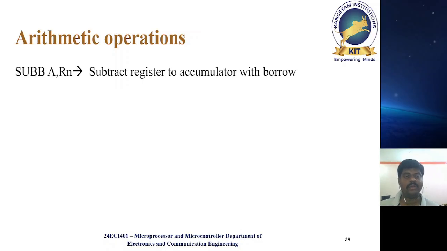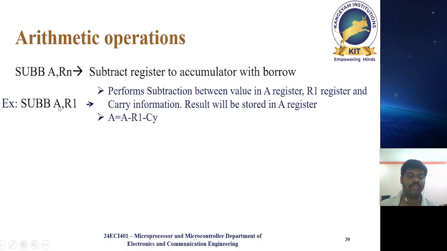So what is happening here? It will subtract the register value from the A value. Since subtract with borrow is given, it will subtract the carry information also: A minus R1 minus CY.